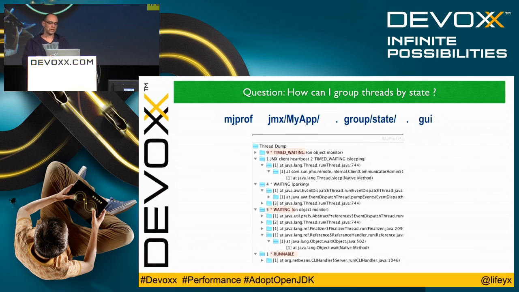So I can take a thread dump, group by state, so all the threads will be divided by their state, and I can then throw it into a monad called GUI, which will open a Swing UI and display it in a tree. So I have some kind of an aggregated view, which is actually what makes mjprof a profiler.